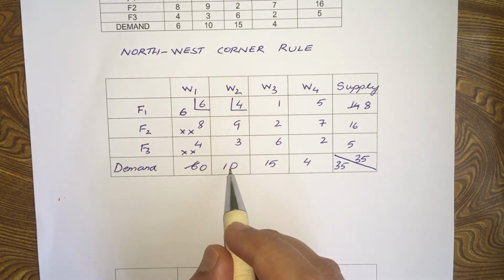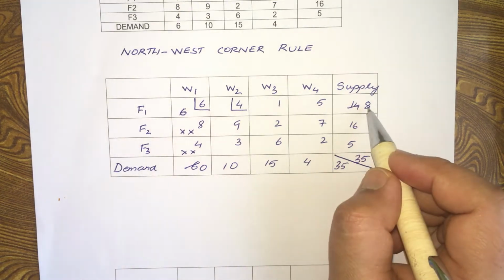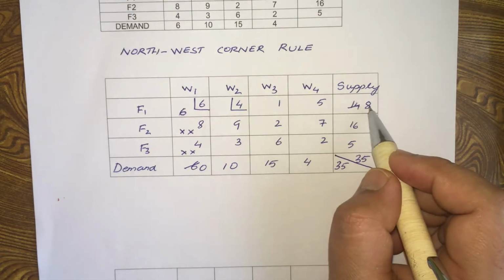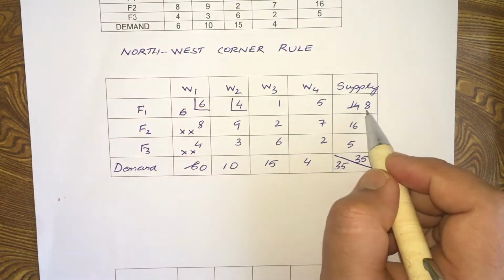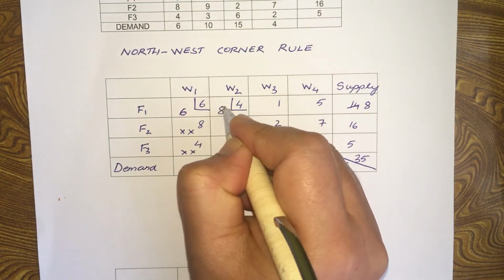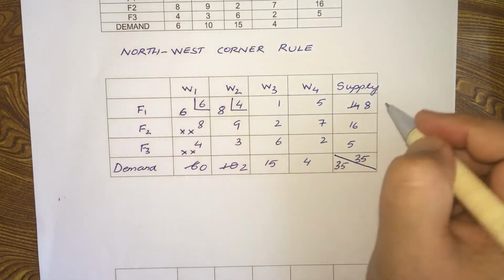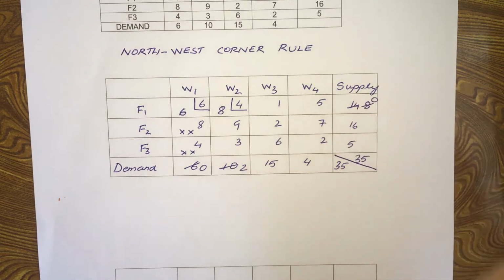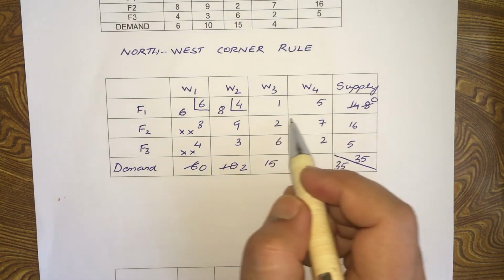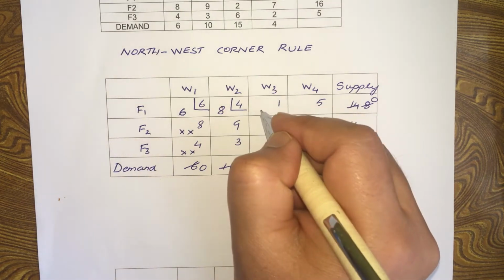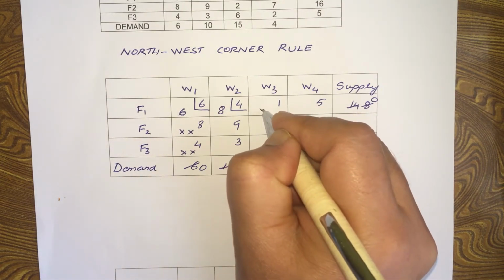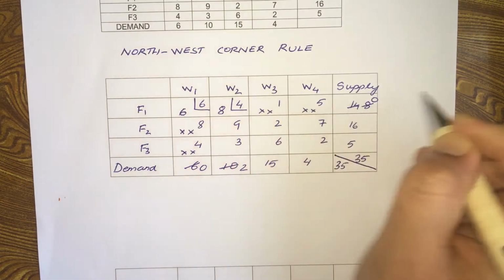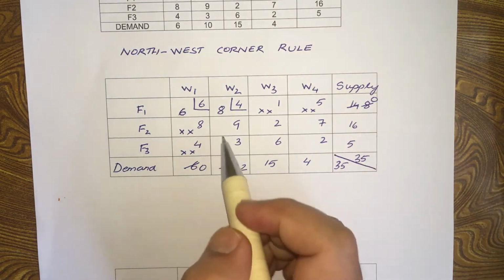Okay, what is the demand here? 10, supply is 8. So since the supply is lesser than the demand, we can only allocate 8 here. So now we have exhausted the supply F1. So cancel F1 since we've exhausted the supply. Now the supply here is 0.